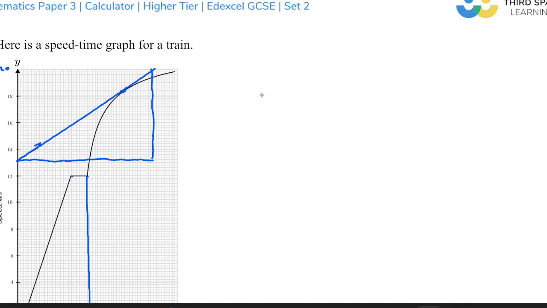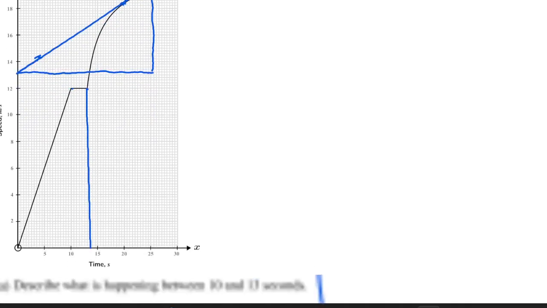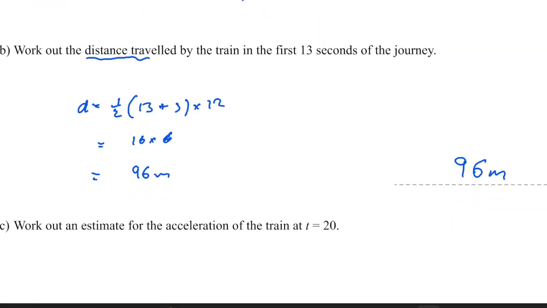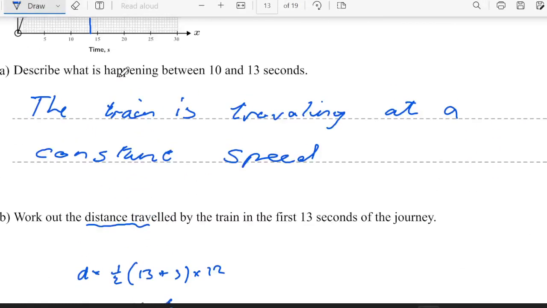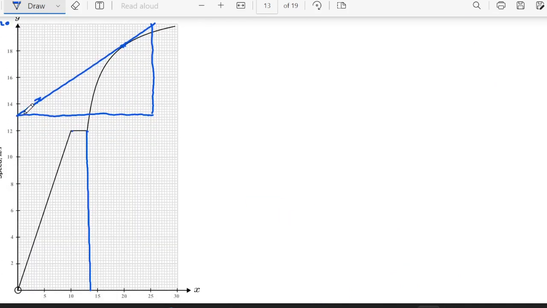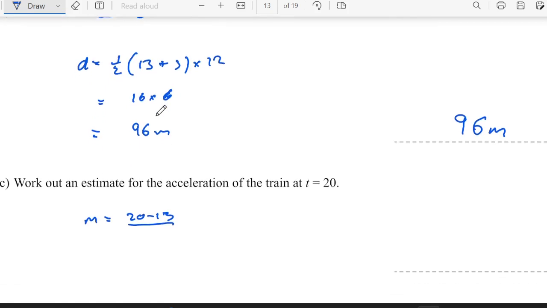So we're looking at the difference between 20 and 13. The gradient of the curve is going to be equal to 20 minus 13, divided by, did I mean 13? Let's just double check while I'm up here. I did, and then we've travelled 25, so divided by 25.